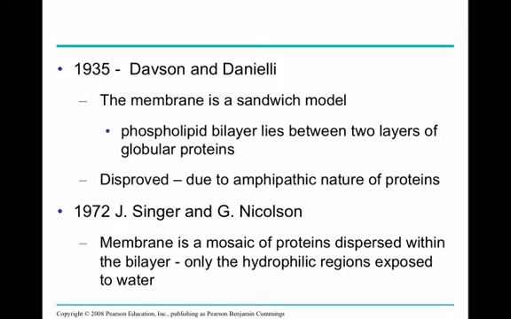So we have the phospholipids making up the majority of the structure, with the proteins dispersed within it, kind of floating around like buoys out in the ocean, and the only parts of the proteins that would be exposed to the aqueous extracellular matrix, which is on the outside of the cell, or the aqueous internal cellular environment, would be the hydrophilic regions. The proteins actually had hydrophobic cores that are found spanning the phospholipid bilayer.